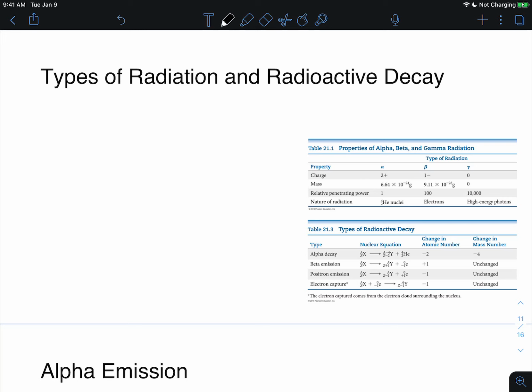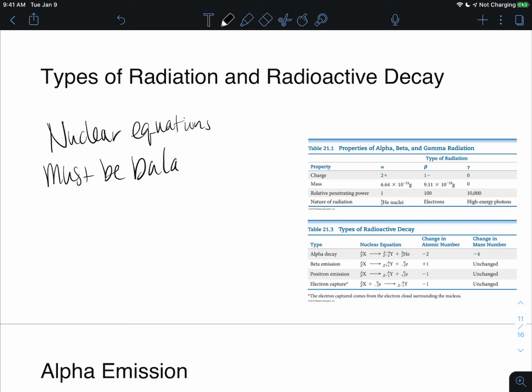Okay, so when we have a nuclear equation, we have to balance that nuclear equation. And it's unlike balancing chemical equations. With chemical equations, you add a coefficient to say how many of each type of your atoms or molecules or compounds that you have. Here, you're looking at your sum of your mass numbers versus your sum of your atomic numbers.